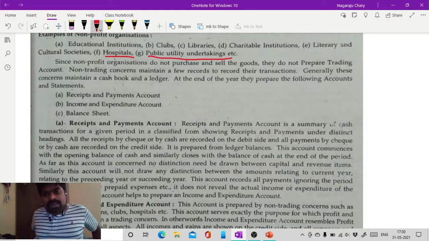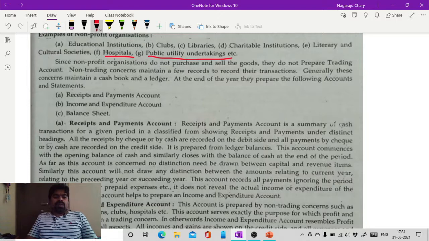You have to know what the profit is and what the loss is. Based on that, organizations pay tax to the government, and the results are disclosed to shareholders. Investors also want to know the profit and the financial position, which is known through the final accounts prepared at the end of the year. Whether profit seeking or non-profit seeking, all types of institutions prepare final accounts.